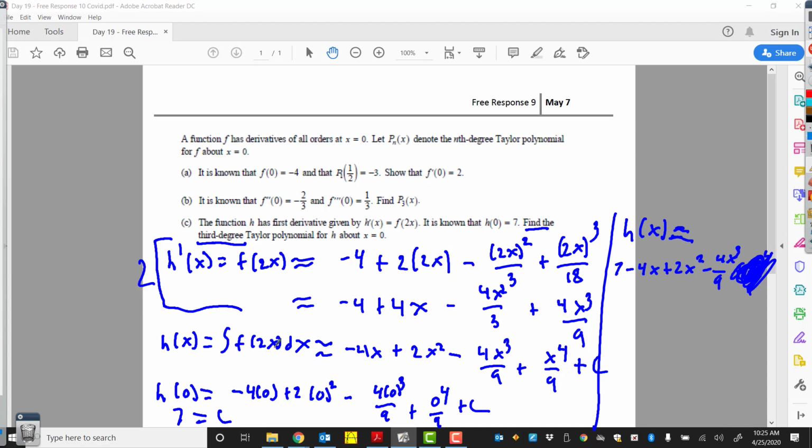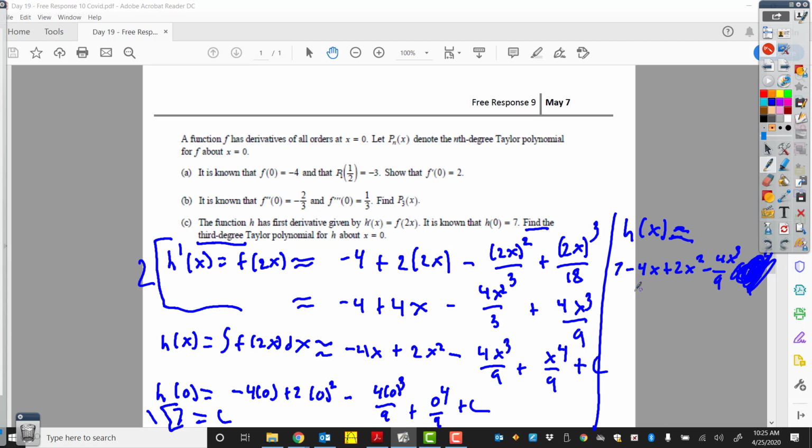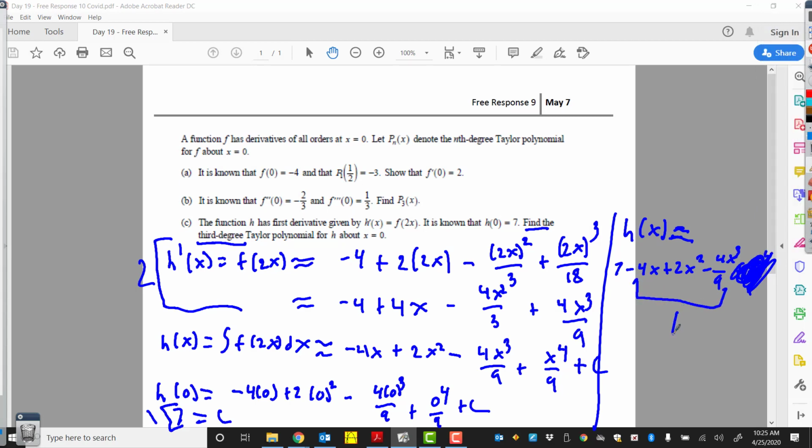All right, 1 point for getting your constant correctly. And then 1 point for all the other terms in this answer. Okay? And there's our total point value. So 4 points here, 3 points here, 2 points there.